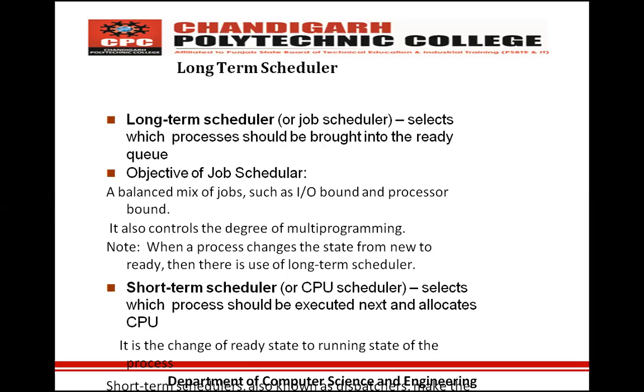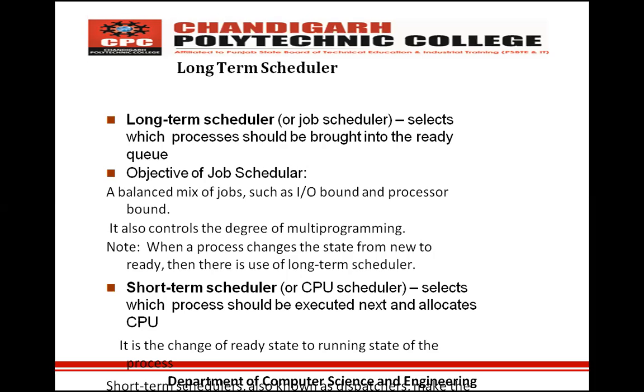Ready queue means it gives the process main memory, so the process now resides in the main memory. From the lot of jobs residing in the job queue, the job scheduler selects the process and puts it into the main memory.